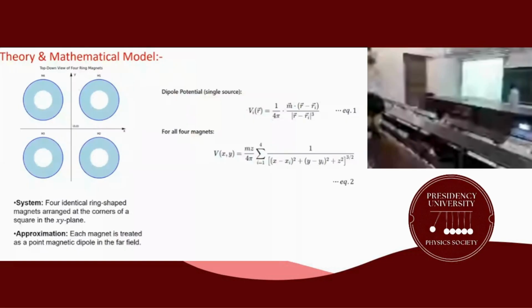For these four members, there is a problem, and this is the magnetic moment.